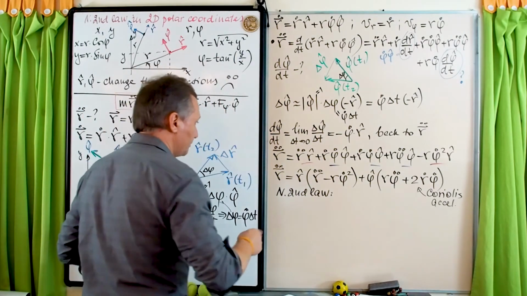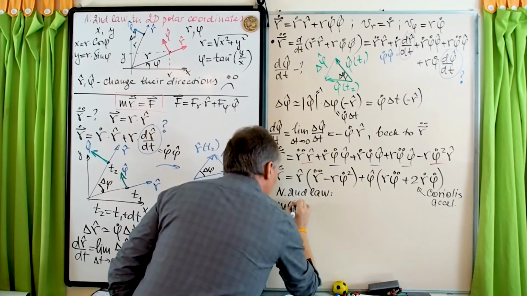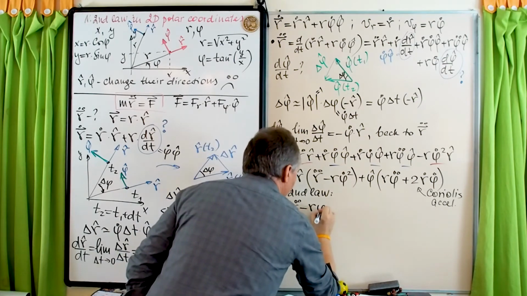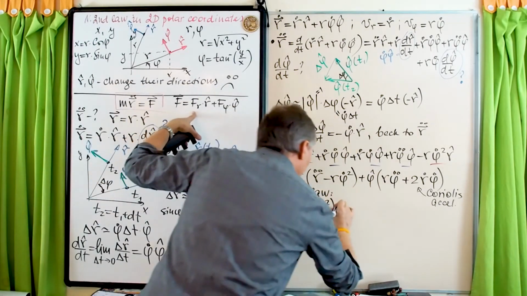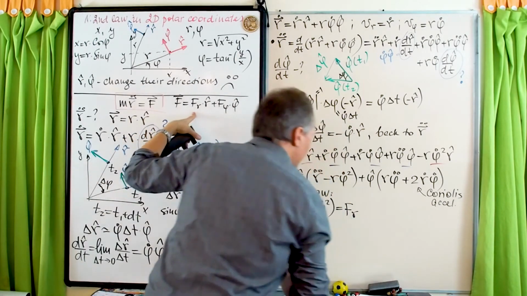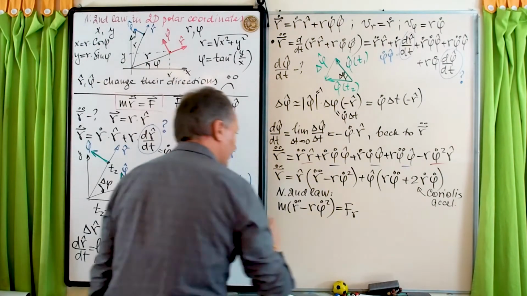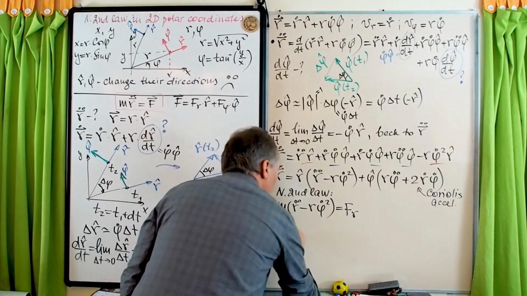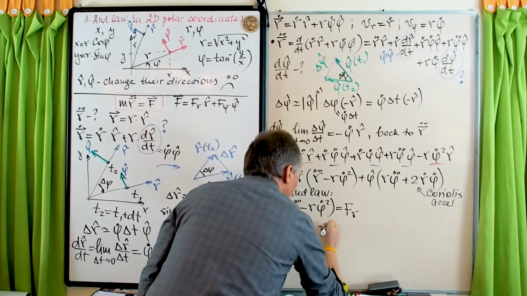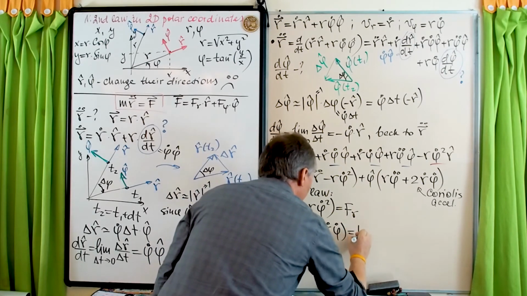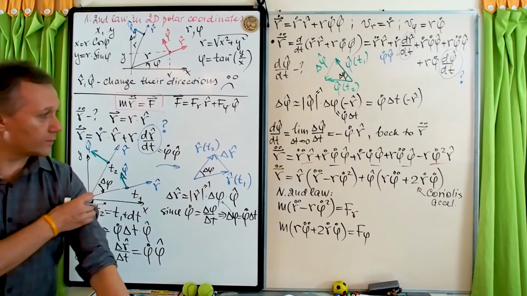That's a significant advantage. So as a result, we can write m (r double dot minus r phi dot squared) must be equal to f sub r. Of course, net: all components of forces in the r direction. Then m (r phi double dot plus 2r dot phi dot) equals the sum of phi components of all forces.